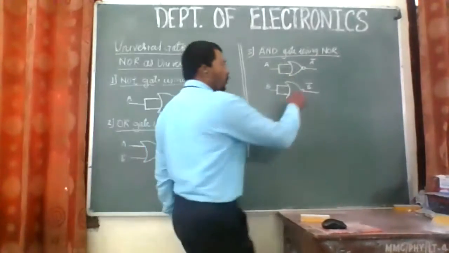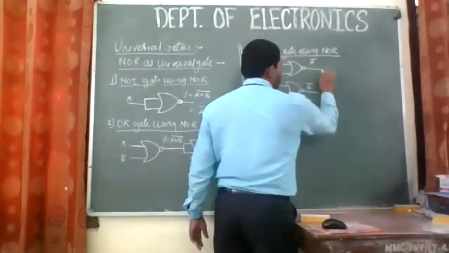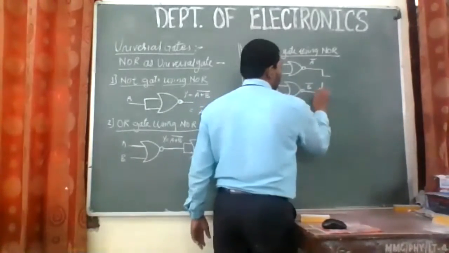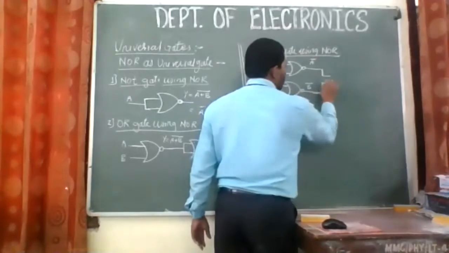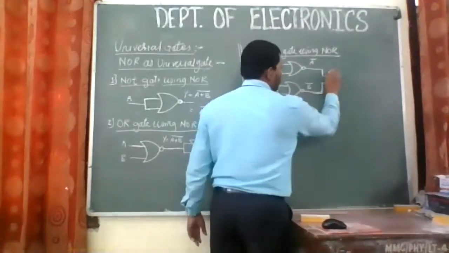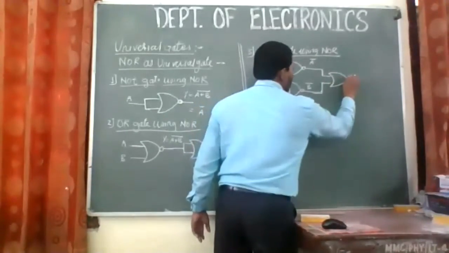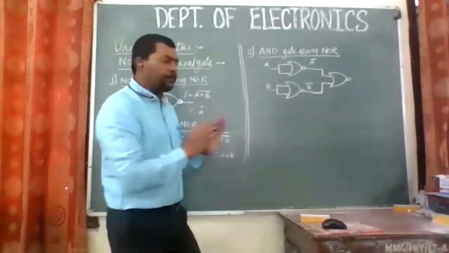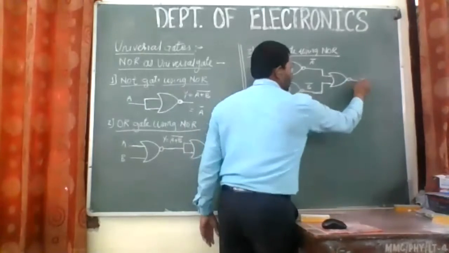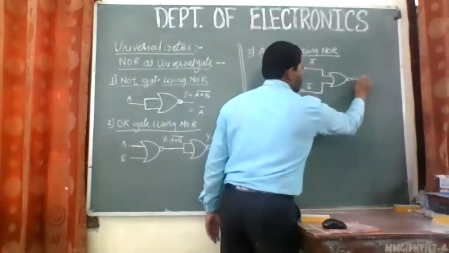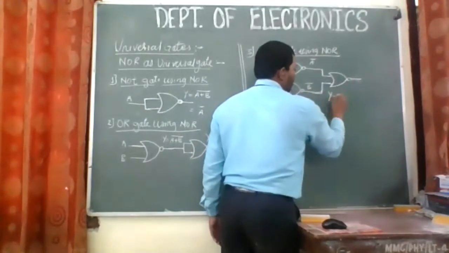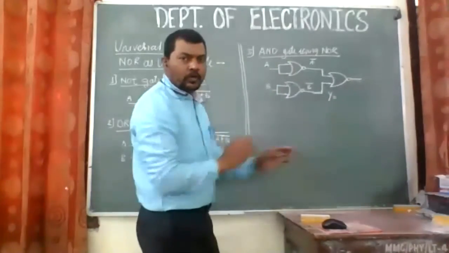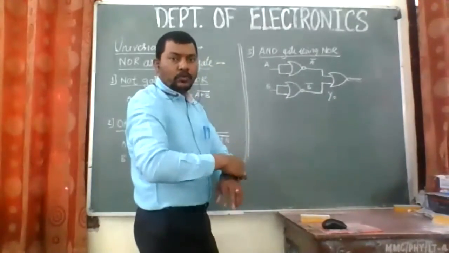Now we put these NOT gate outputs into a NOR gate. This is a little bit tricky, and I am putting them to another NOR gate like this. Now, what happens to the output? Y equals, now what happens?